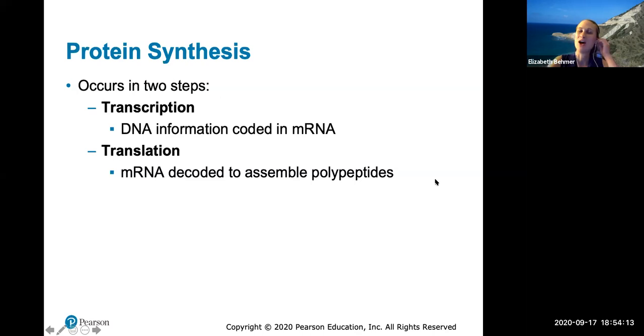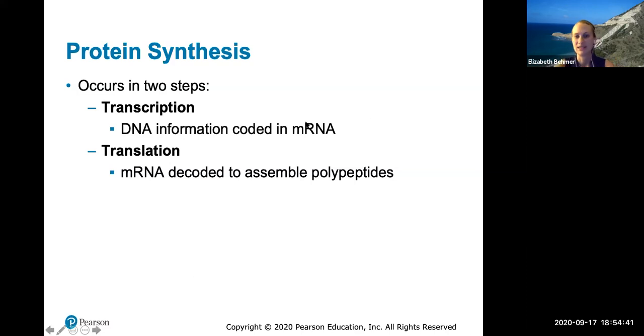So then how does this all come together? How do we make proteins from DNA? It occurs in just 2 simple steps. Transcription is the first step. And transcription is when we take our DNA information and we turn that into a messenger RNA strand. So we go from a double-stranded DNA molecule to a single-stranded mRNA molecule, and that's called transcription.